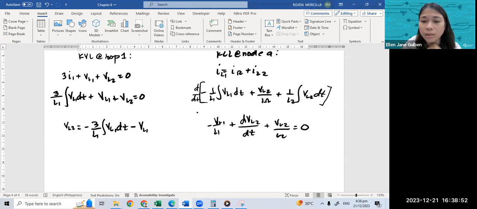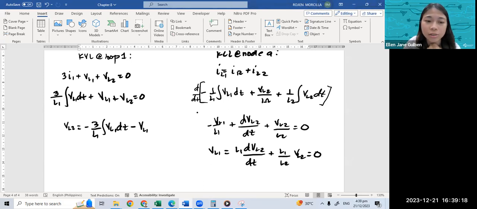So we get VL1 is equal to L1 dVL2 over dt plus L1 over L2 VL2 equal to 0.